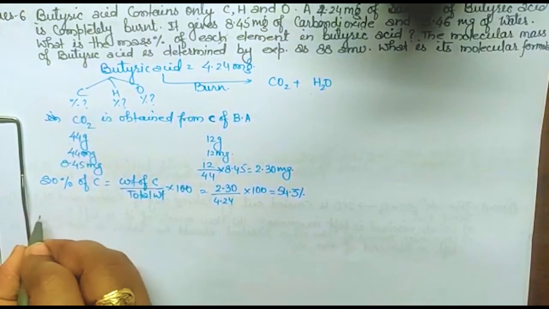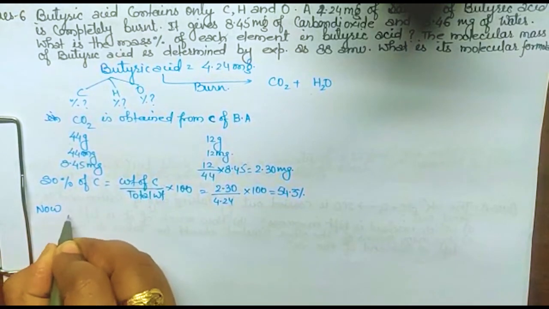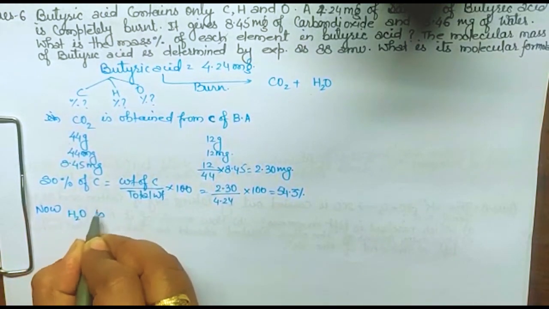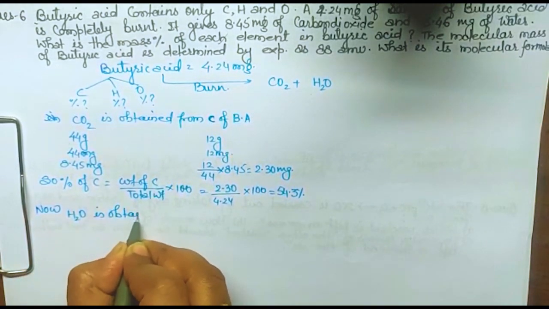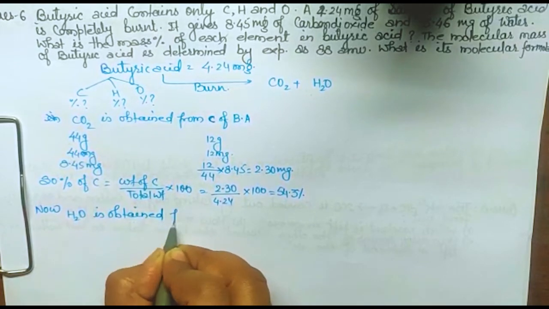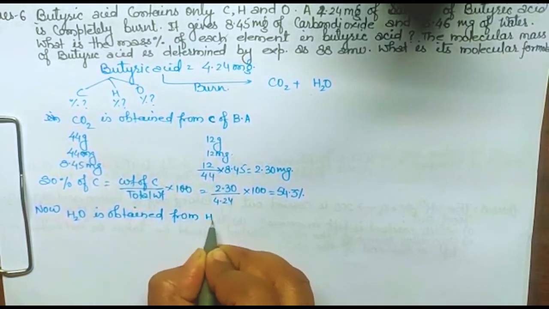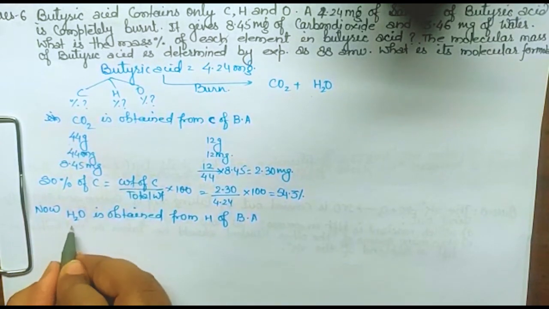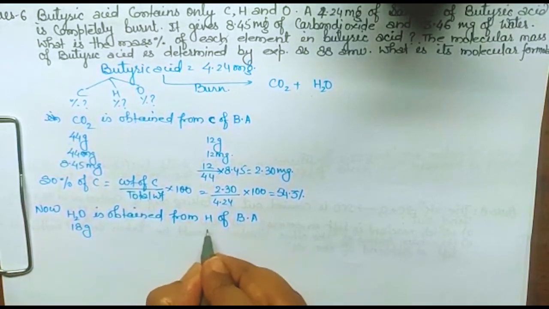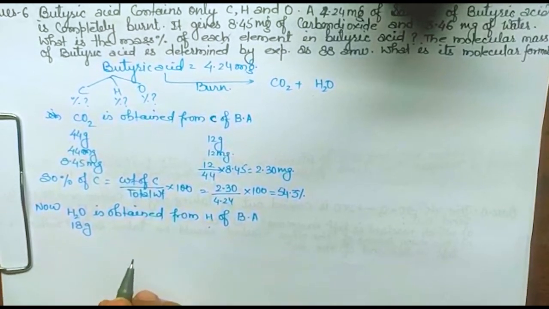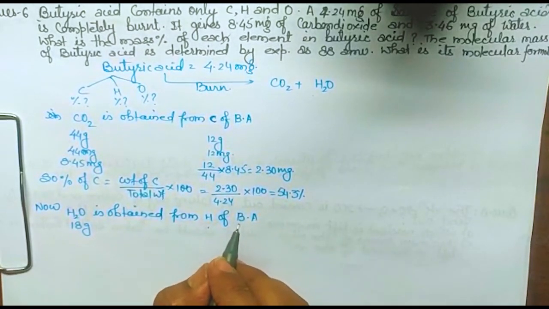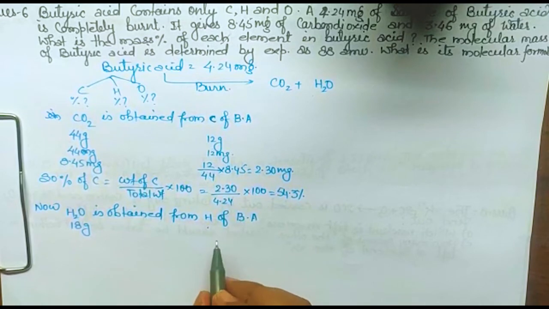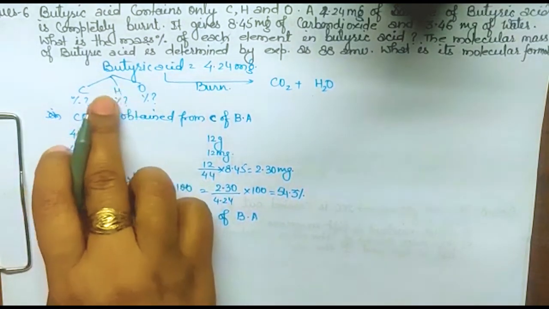Now water is obtained from the hydrogen of butyric acid, isn't it? So 18 gram is obtained by, tell me fast, this will be H2, hydrogen.